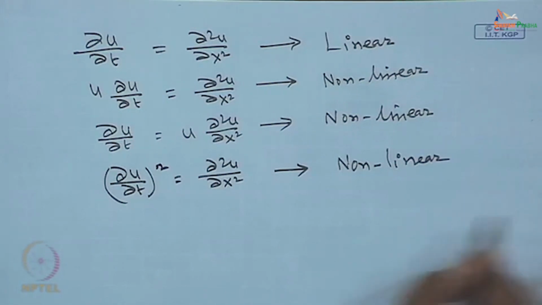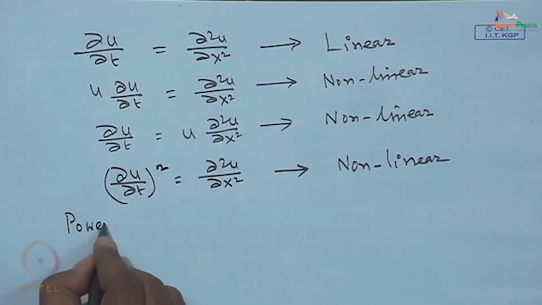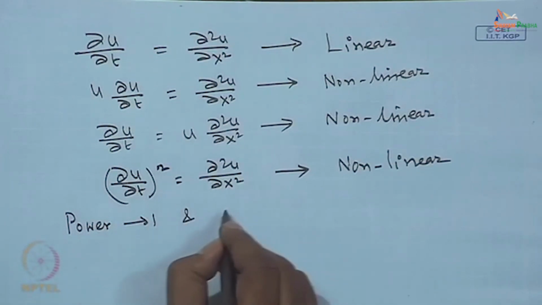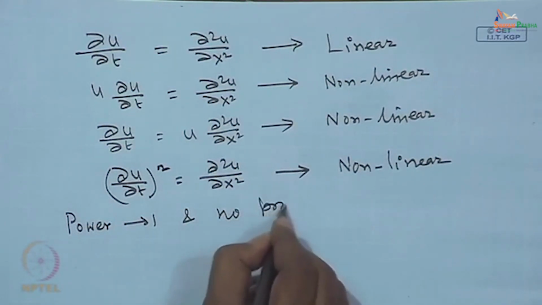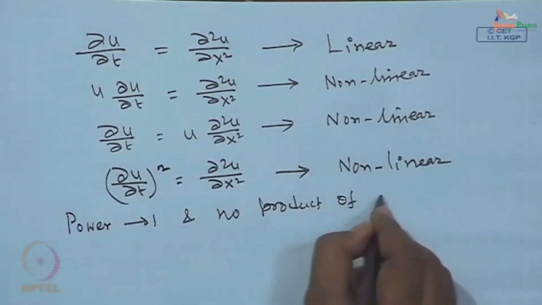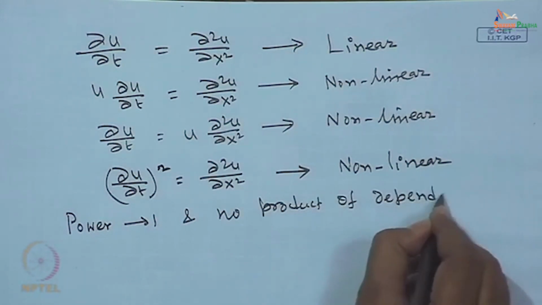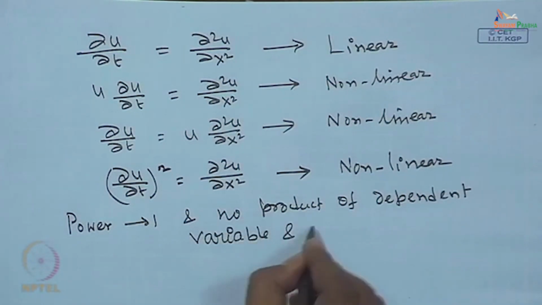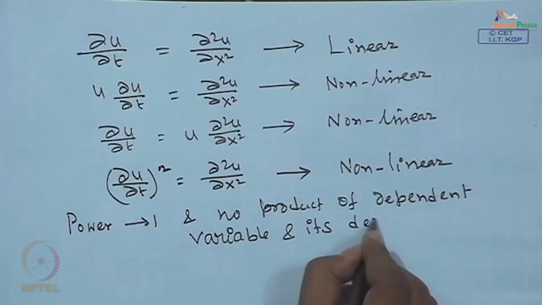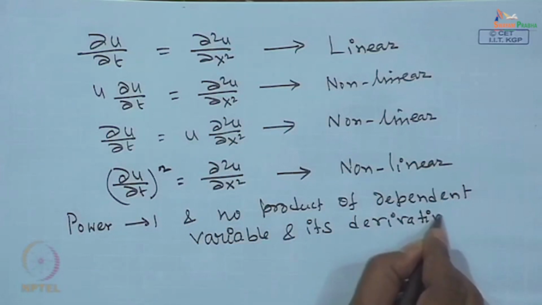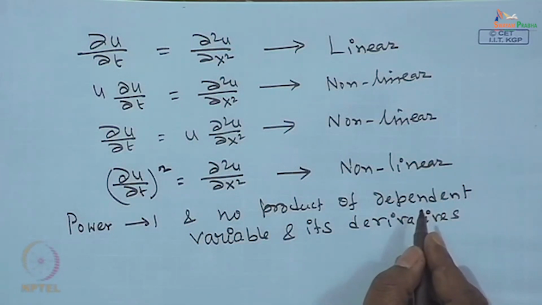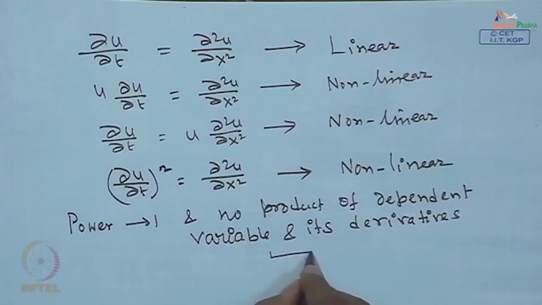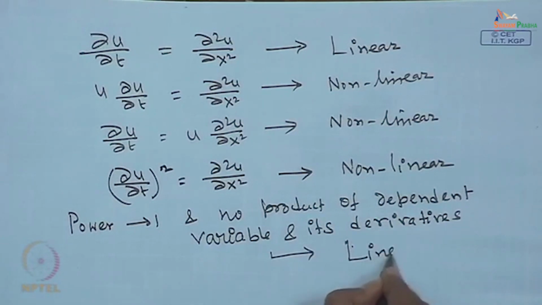So, what is important is that the power should be 1 and there should be no product of the dependent variable and its derivative. If that is the case, we call that partial differential equation a linear partial differential equation. Okay. Next, we talk about the homogeneous partial differential equation.